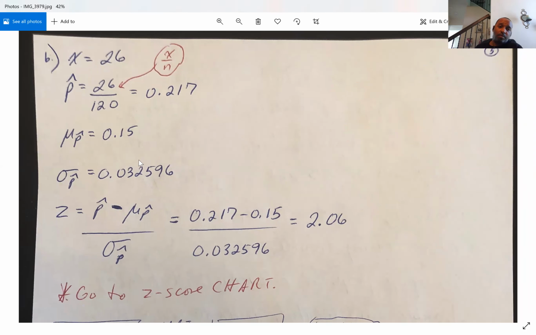We didn't change the problem, we just changed the sample proportion. So the mean and standard deviation are the same as in part A. Then we find our z-score accordingly: 0.217 minus 0.15 over 0.032596, which is 2.06.